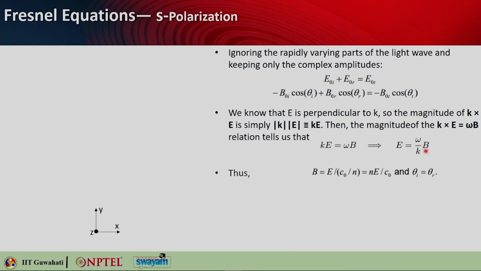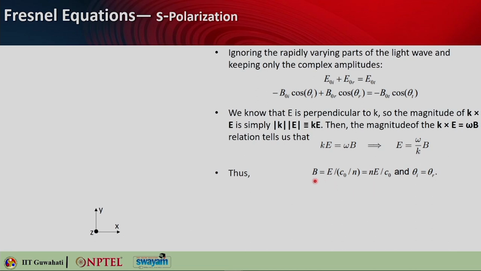So if you take that, you can actually convert all the magnetic field here into electric field. So B can be written as E divided by this factor omega by K, and omega by K can also be written as c naught over n. What is n? n is the refractive index of the medium. So if you simplify this equation, it becomes nE over c naught. So that's a much simpler form.